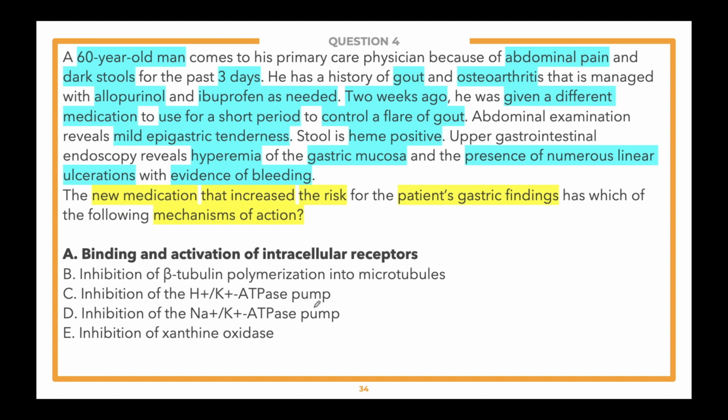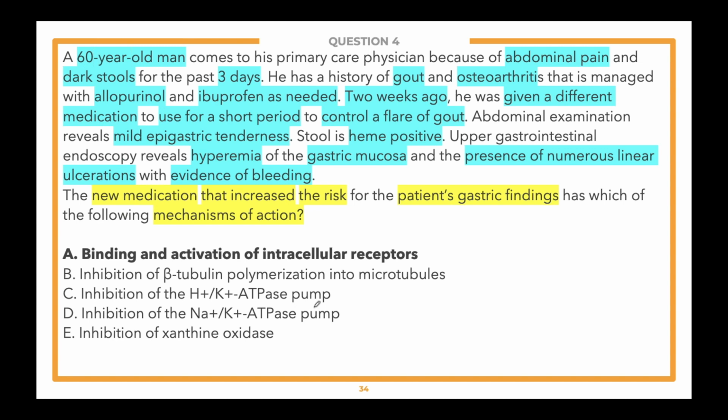I think a lot of you guys selected answer choice B, inhibition of beta-tubulin polymerization. Now that's talking about colchicine, as you guys may have figured out. Colchicine can be used to treat flares of gout, so in and of itself, that might be a correct answer to think about. But colchicine doesn't really increase your risk of gastric bleeds.